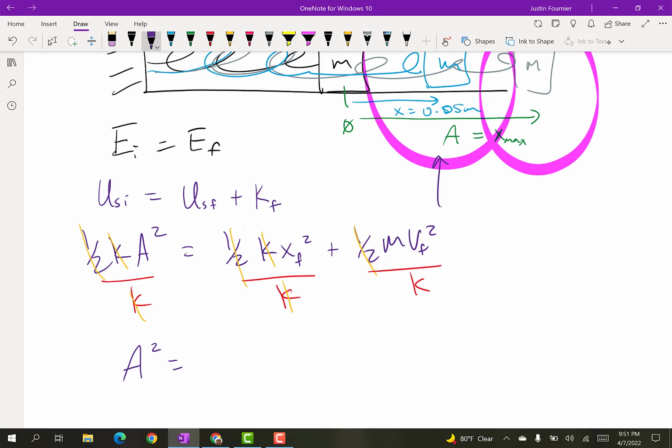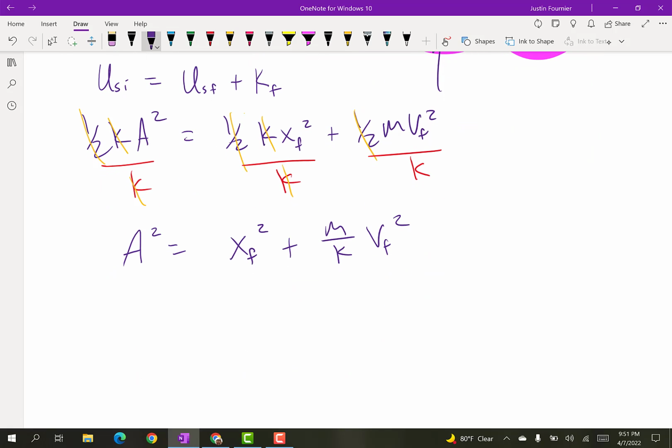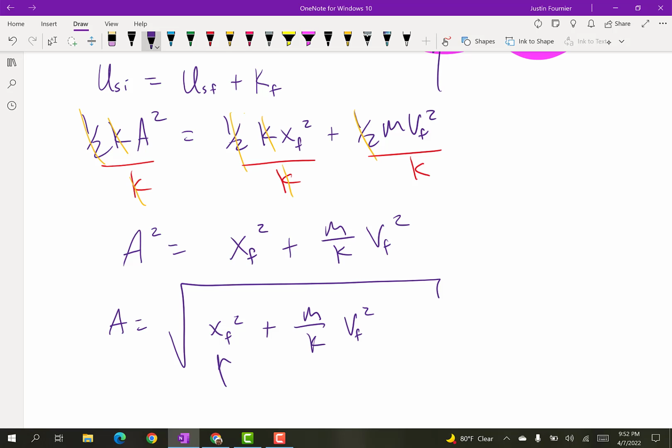So I have A squared equals my final position squared plus M over K, and then V final squared. So lastly, I'll just take the square root of all this, and now I just got to plug everything in.